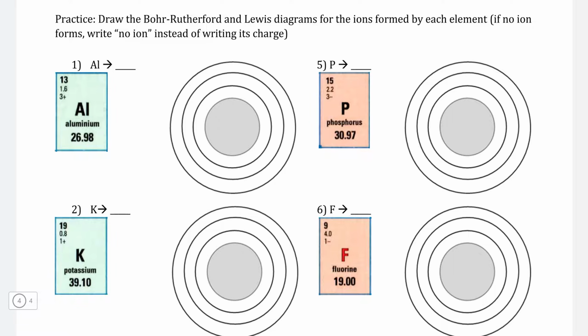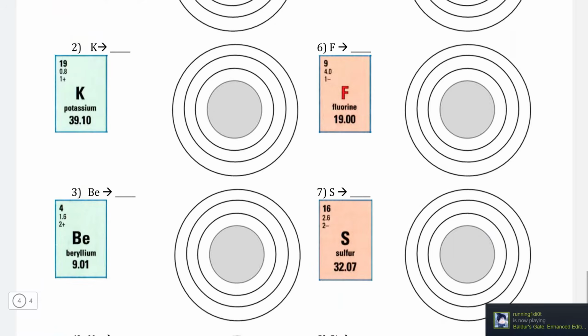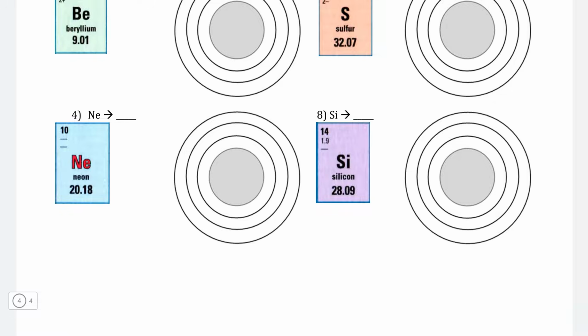In these problems, you'll need to construct the Bohr-Rutherford and Lewis diagrams of each of the 8 elements, and then identify whether they will gain electrons or lose electrons to form an ion, or, in the case of certain elements, whether they don't form ions at all, and why this is the case.